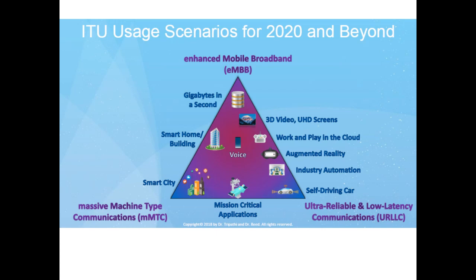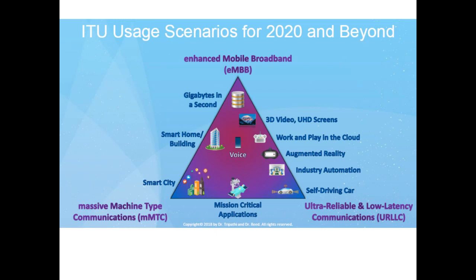There are 3 main areas: enhanced mobile broadband, massive machine type communication, and ultra reliable low latency communication. The variety of services that our society will enjoy fall somewhere within this triangle, as a different weightage of these different vertices.